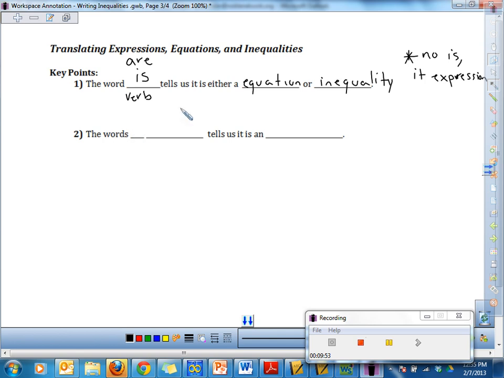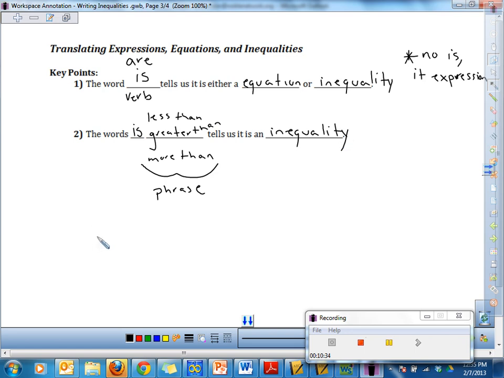When it's an equation, it will just have the word is. If it's an inequality, it's going to say is, and then after is, it's going to make some sort of statement. For example, it might say less than. It might say greater than. It could say more than. Some sort of phrase will come right after is, and that tells us that we are doing an inequality. So right now I'm going to give you 3 examples, and I want you to write these in the margins.